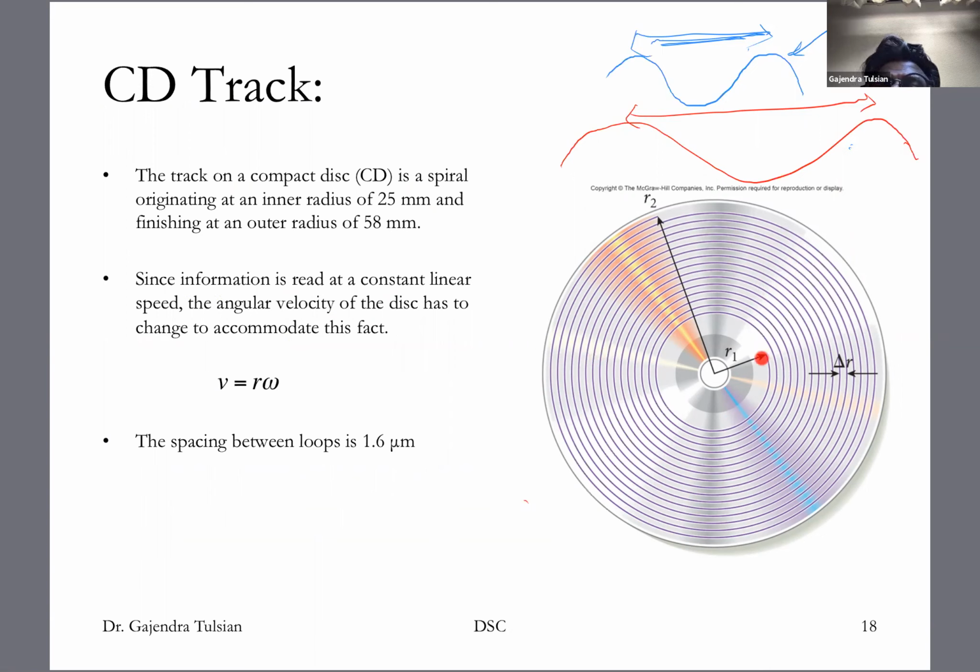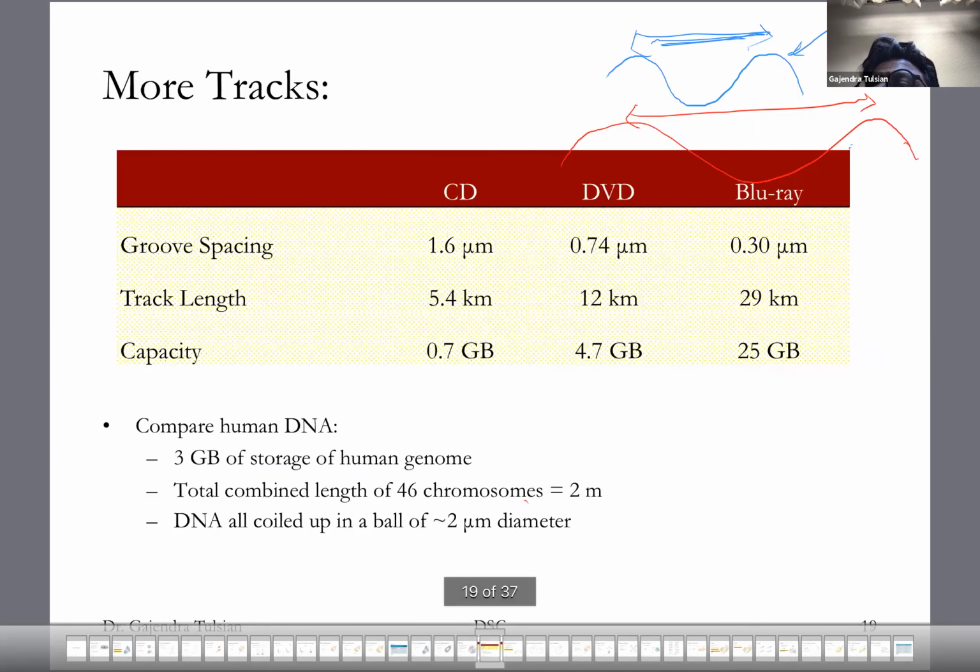So this length is 3.5 miles. So for a CD, that's 5.4 kilometers, and the information packed is 0.7 gigabytes.